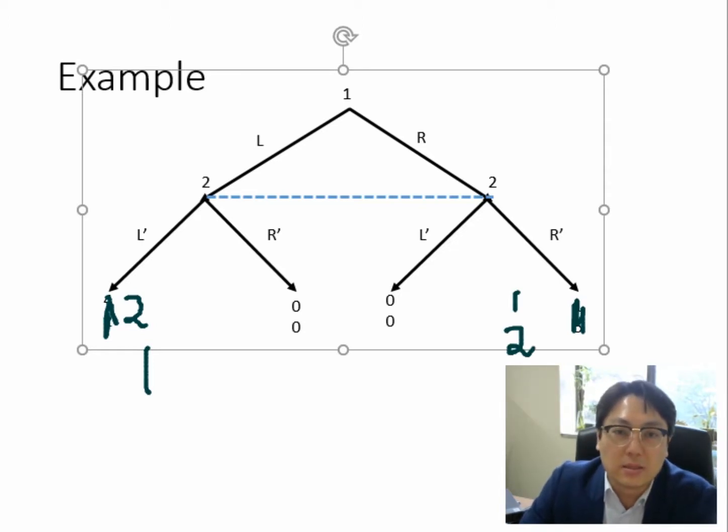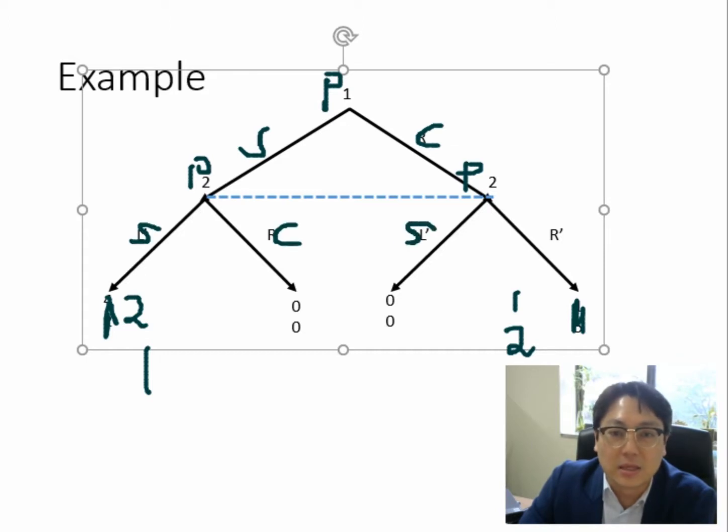Right? And say that this is the first player and this is the second player. Forget about this dot line. Just forget about this dot line. Then this is S, C, S, C, S, C. Let's say that. Just forget about this dot line again.